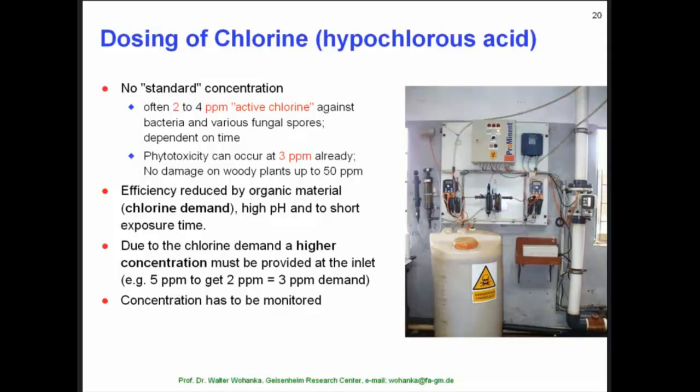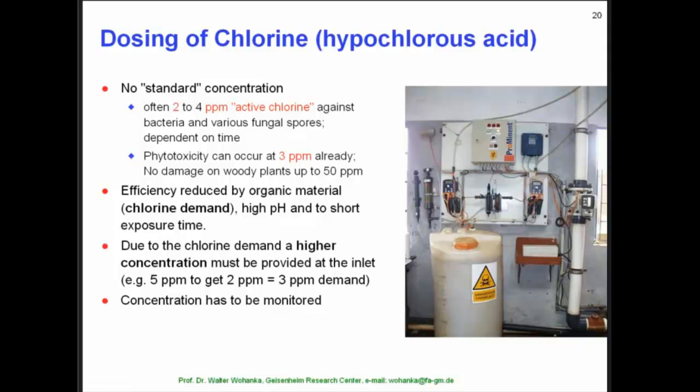For example, with hydroponics, the risk is much higher than with sprinkler irrigation for nursery stock. As with all oxidants, the efficiency of chlorine is reduced by organic material and other oxidizable substances. The amount of inactivated chlorine is called the chlorine demand.